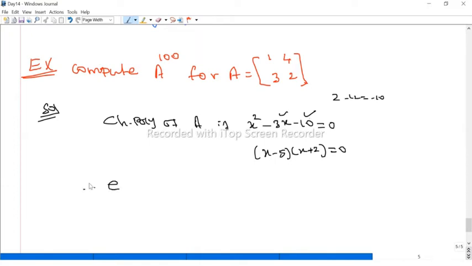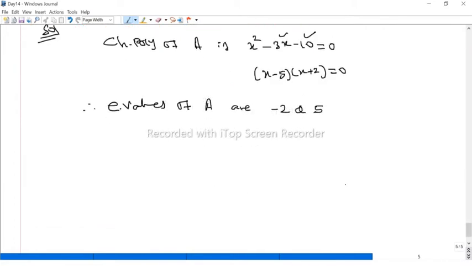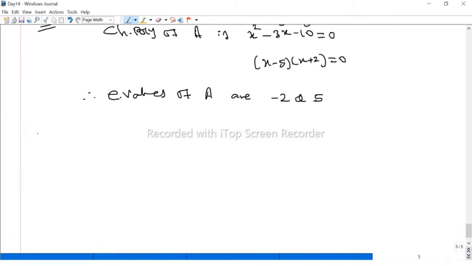Therefore the eigenvalues of A are minus 2 and 5. Now we have to find the eigenvector corresponding to minus 2 and the eigenvector corresponding to 5. So how to find the eigenvector corresponding to minus 2? That is simple.